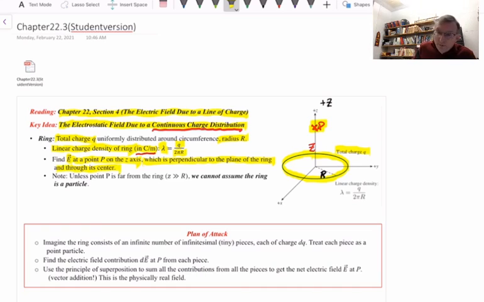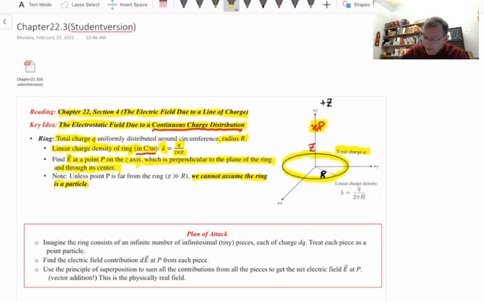Now here's a very important point that I've really already mentioned. For the point P, like we've shown right here, we cannot assume the ring is a particle. A particle is tiny. The ring is not tiny.